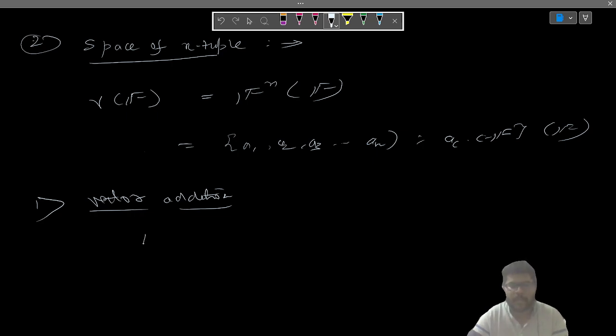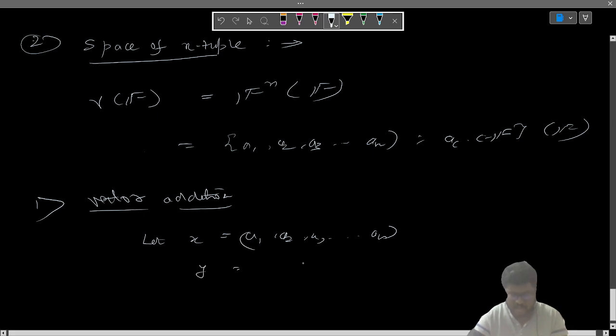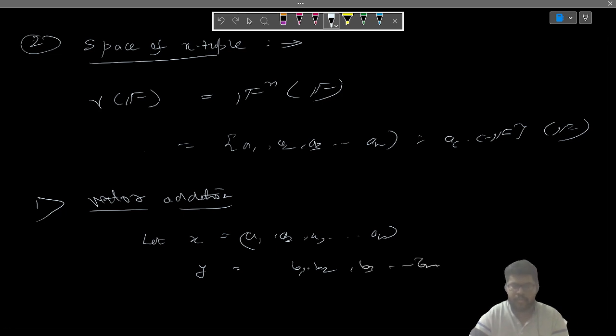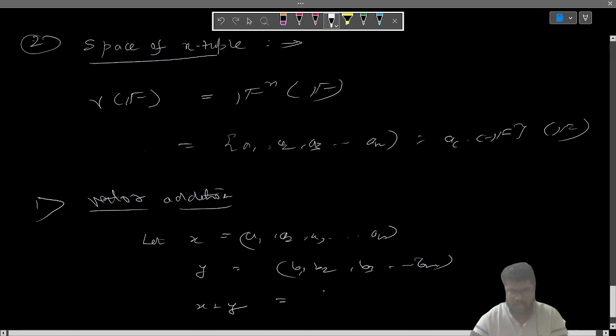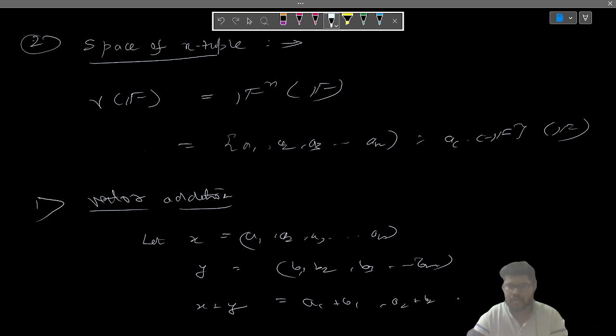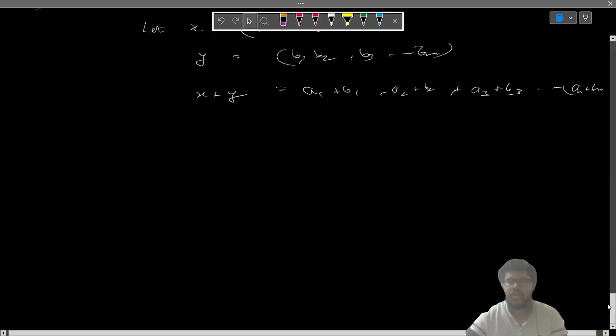Suppose we let x be the tuple (A1, A2, A3, up to An), and y be (B1, B2, B3, up to Bn). Right, so x plus y, if we see, what will it be? (A1 plus B1, A2 plus B2, A3 plus B3, up to An plus Bn).